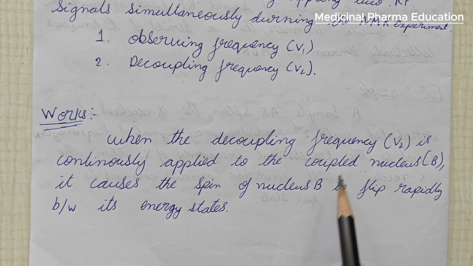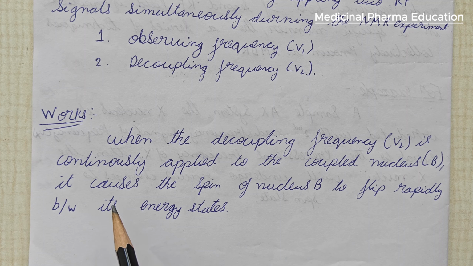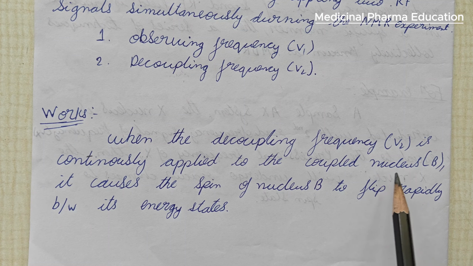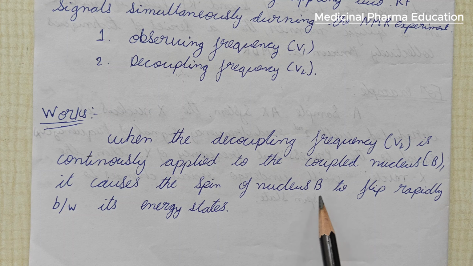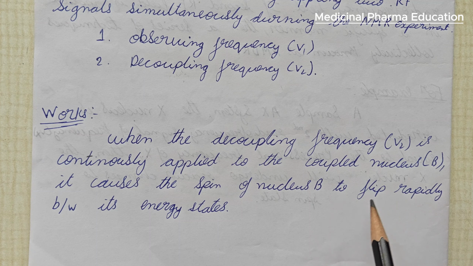Here the decoupling frequency V2 is continuously applied to a coupled nucleus B. It causes the spin of the nucleus B to flip rapidly between the energy states. Here when the frequency is applied to the nucleus B, it causes flipping, okay, rapid flipping between the energy states.